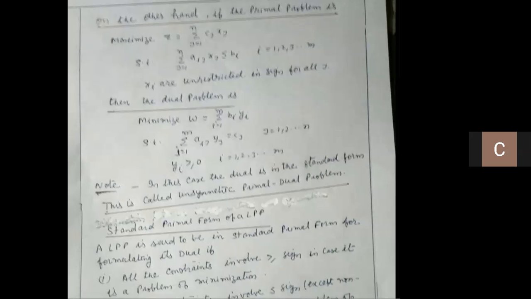Then its dual problem is minimize W = summation i = 1 to m bi yi such that summation i = 1 to m aij yi = cj, j = 1 to n, yi ≥ 0, i = 1 to m. In this case the dual is in the standard form. This is called the unsymmetric primal dual problem.